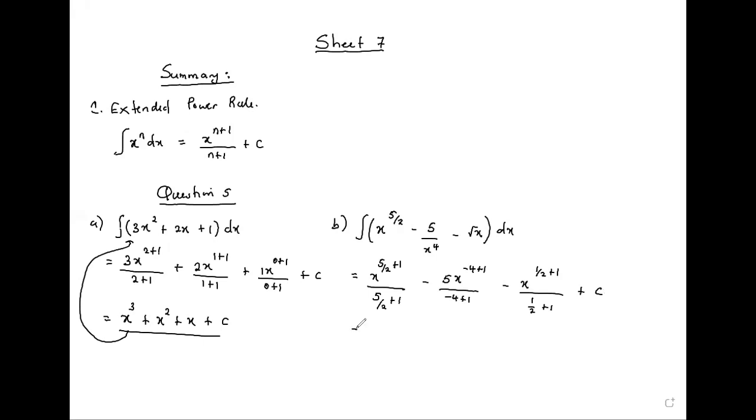Okay, so we add 5 will give us 7/2 there. So we'll have 2/7 x to the power 7/2, minus, now it is going to be plus 5/3 x to the power -3, minus x to the 3/2 over 3/2, that is 2/3, plus c.